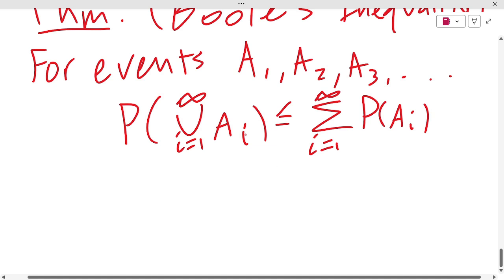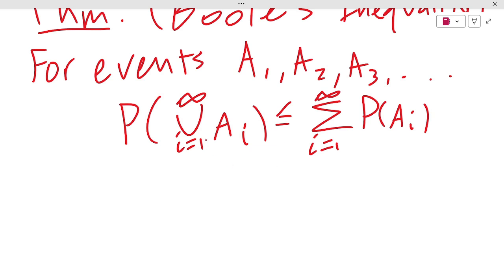Whereas with the union, when you think in terms of set notation, this is just saying where each of these individual events lie, and we're not including any overlap. We're only counting the overlap once.